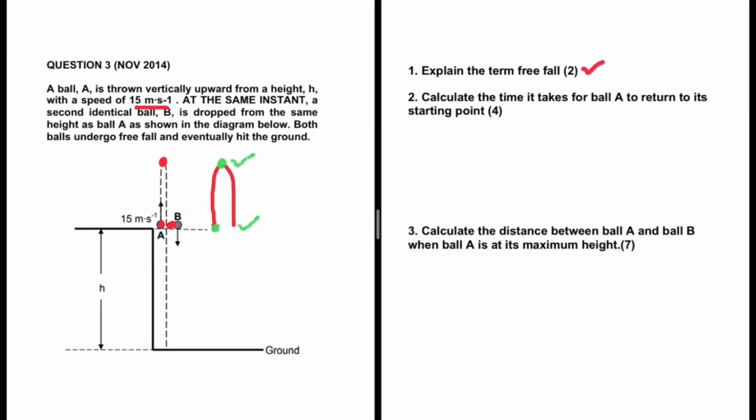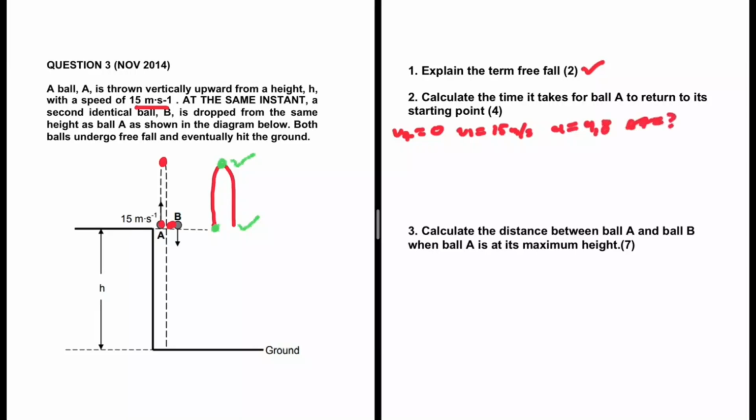So the first way, I'm taking the motion from the starting position to the maximum height. At the maximum height, we know that Vf will be equal to 0. Vi is equal to 15 meters per second. We have our acceleration being equal to 9.8, and we are interested in the time.